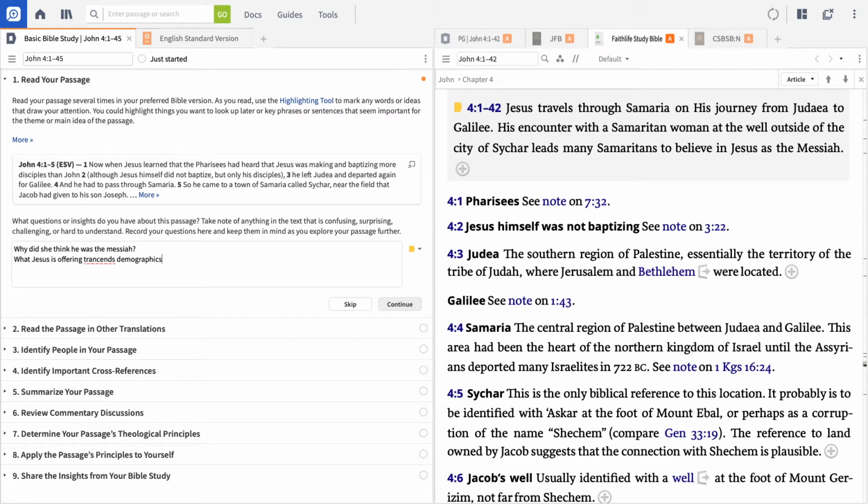I think that's the best way to word it. You can see there's obviously a theme where he's talking to a Samaritan woman, giving her the gospel, telling about the water of life.